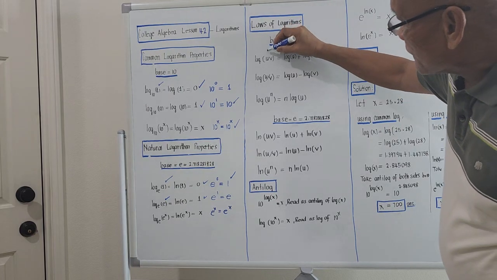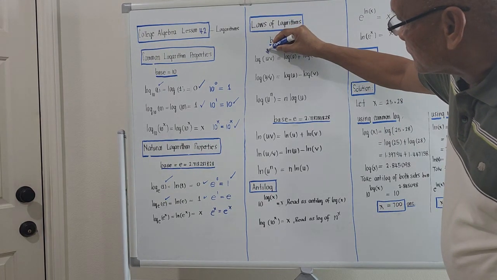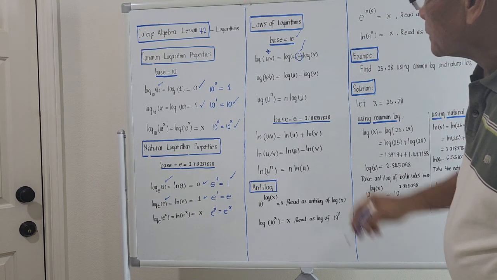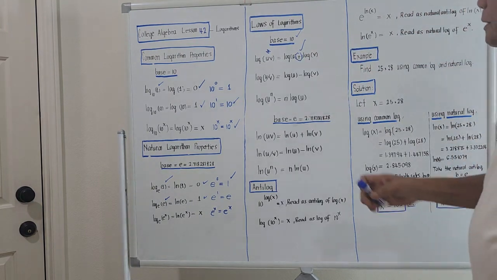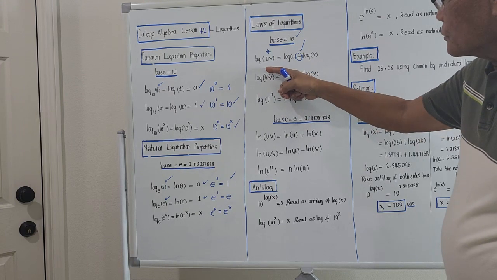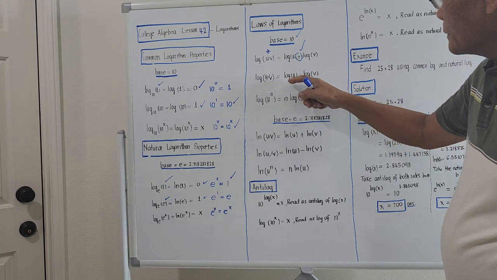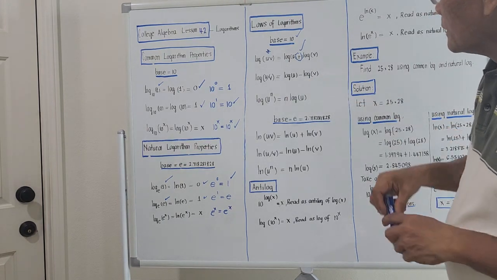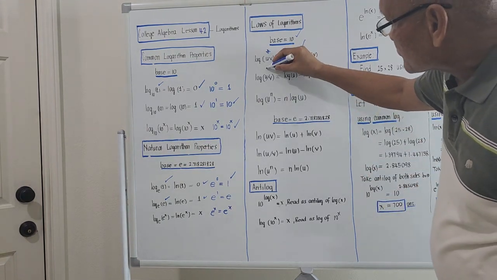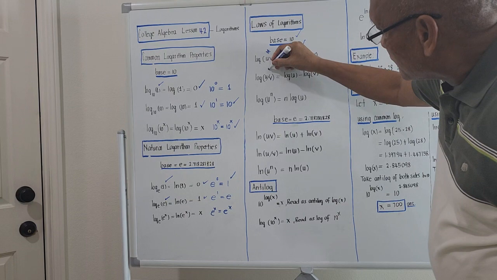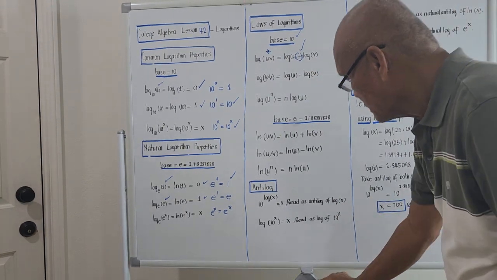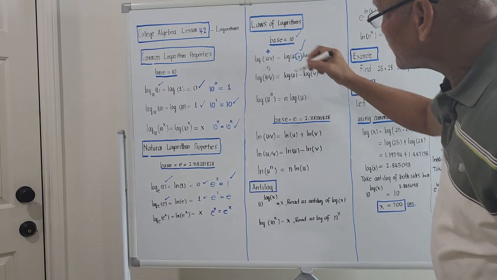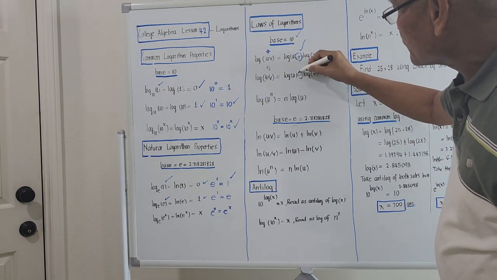If the operation here is multiplication, the right hand side should be addition. Next one. The common logarithm of the ratio u over b equals the logarithm of u minus the logarithm of b. If the operation here is division, the operation here should be subtraction.